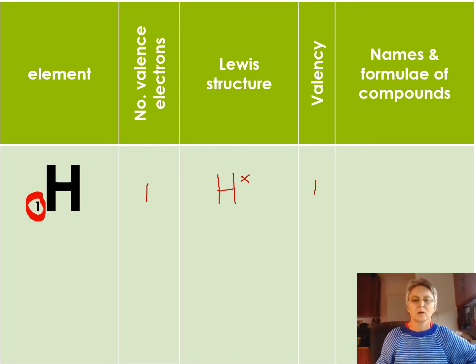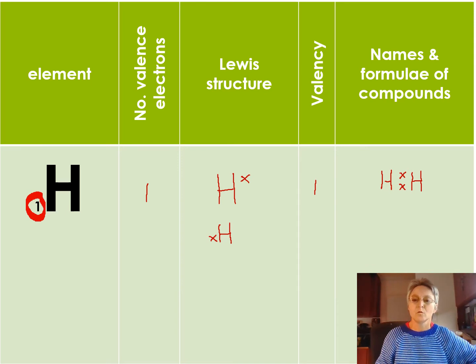Now, when one hydrogen atom joins to another hydrogen atom, I can represent the bond by the two hydrogens sharing the two electrons. So we write the two crosses between the two H's to show how hydrogen bonds with another hydrogen.